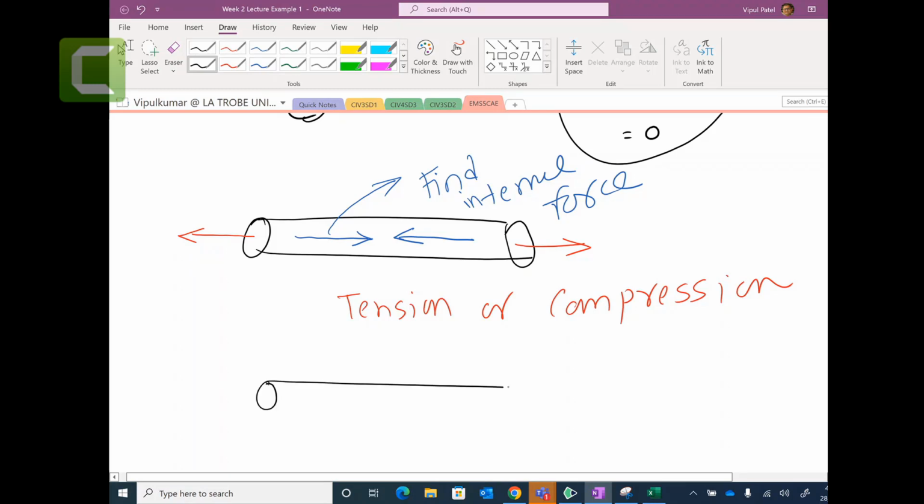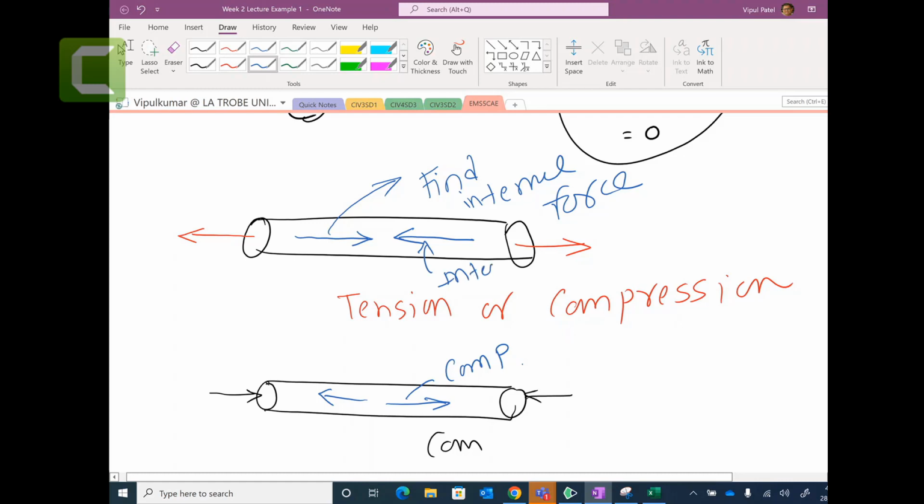Similarly, when I have the same pencil and I push the two ends, which becomes compression, you will get the internal resistance, which goes this way. So this is your compression internal resistance. This is your tension internal resistance. Do you understand that? I think in your undergraduate, you studied these ones.